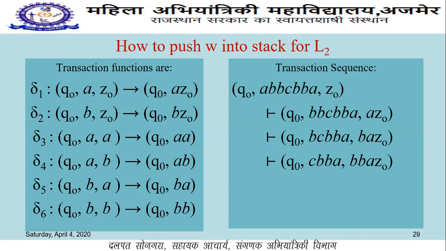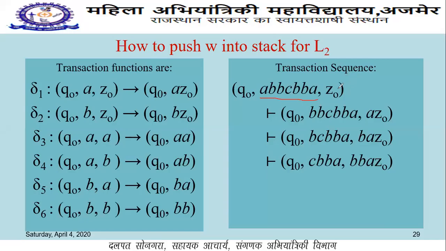Let's come to the initial instantaneous description of the pushdown automata, which tells us the machine is in initial state Q0, the input string is X, which is A B B C B B A, and the top element of the stack is Z0. Now we have to push this W into the stack. So how can we understand this?